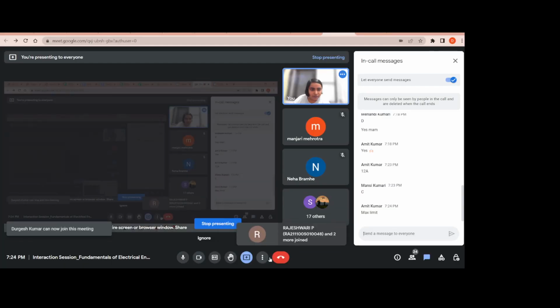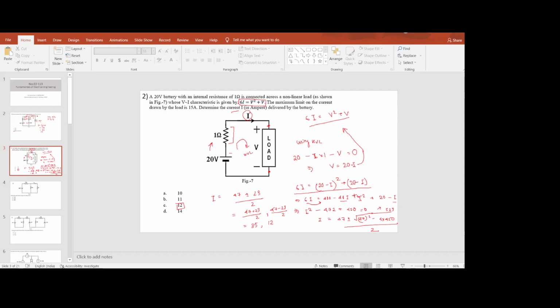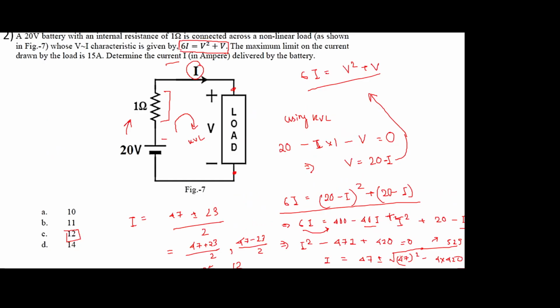Yes, exactly, you're right. It is already given in the question that the maximum current that the load can draw is 15 ampere. Since 35 is exceeding that 15 ampere limit, the acceptable answer will be 12 ampere, which is option C.